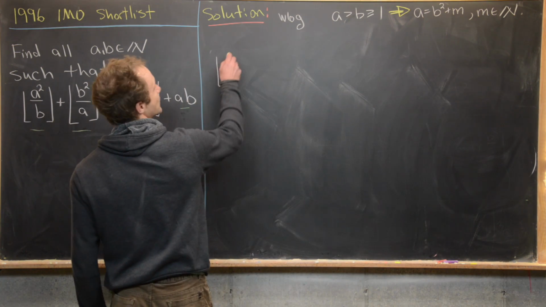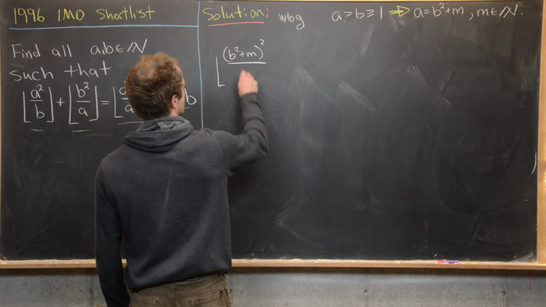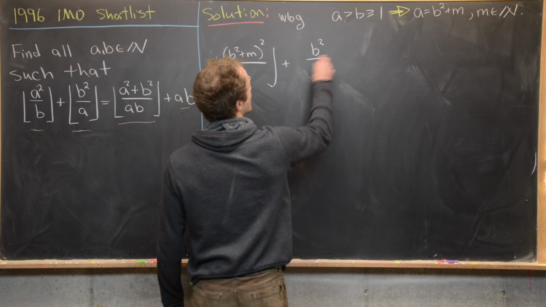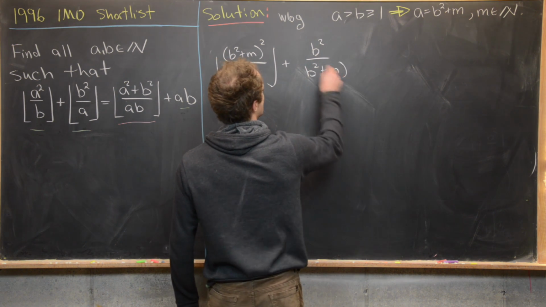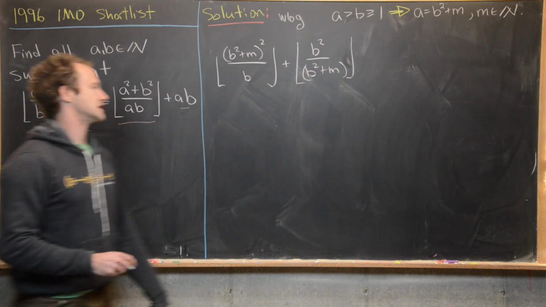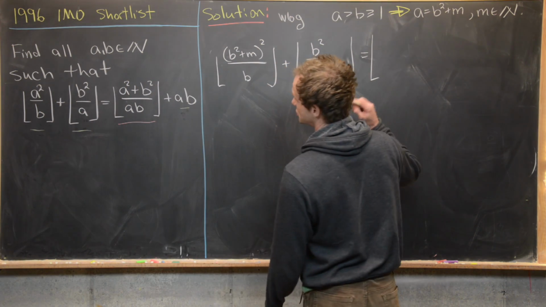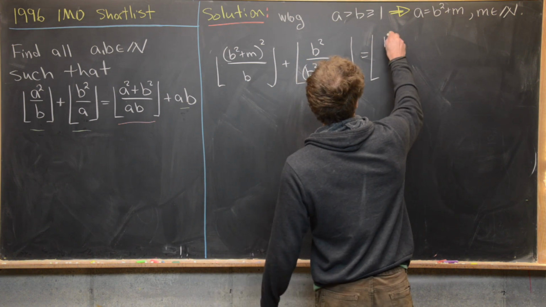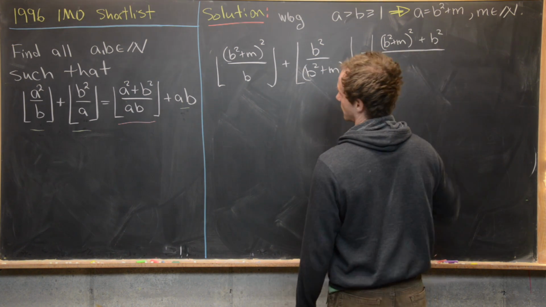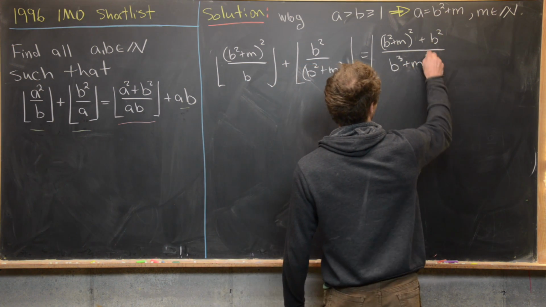So let's see what we'll get. We're going to have b squared plus m quantity squared over b. So that's what we get for this first guy. And then next we'll have b squared over b squared plus m, like that. So that would be this term. And then next, that is equal to the floor of b squared plus m all squared plus b squared over, well, we've got b times b squared plus m, so that's going to be b cubed plus mb.